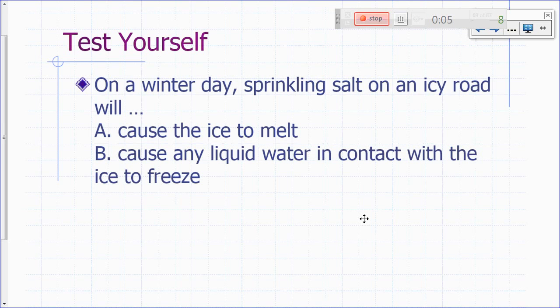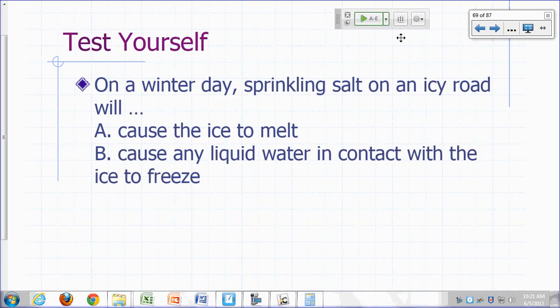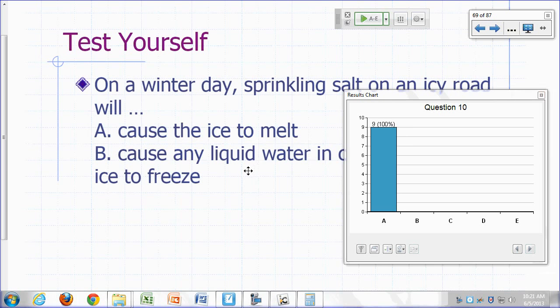When you lower your freezing point, the ice will melt, right? So suddenly now the temperature that you have is no longer the temperature where it freezes. It will freeze at a lower temperature. So that means it becomes a liquid at that temperature now.